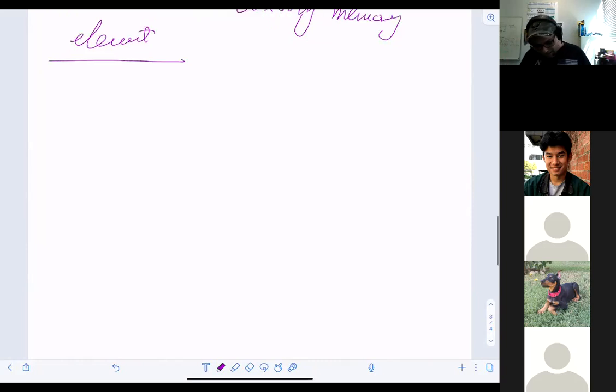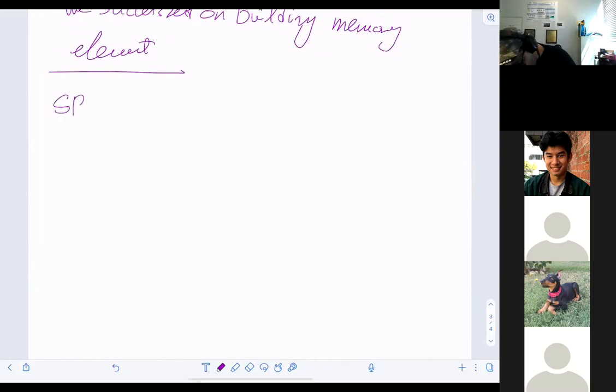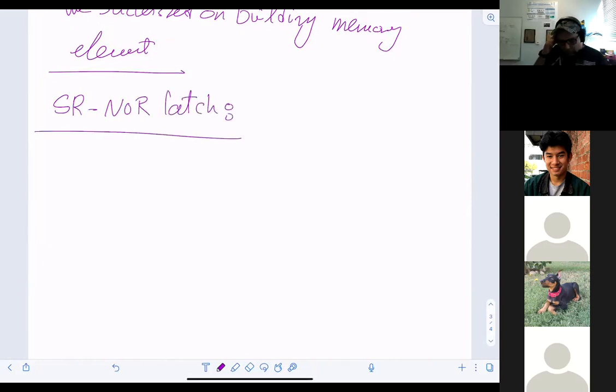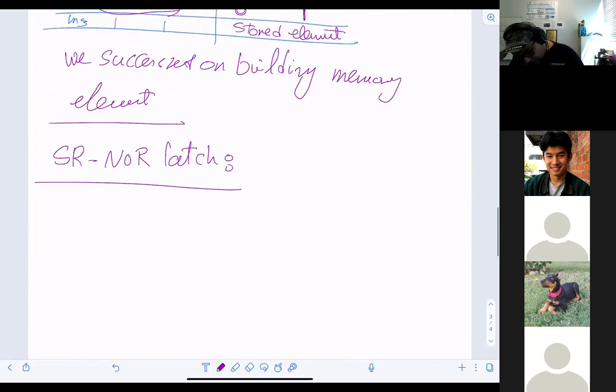Okay? Now let's go to the SR NOR latch. So that means the elements used for building this latch are NOR. Do you agree? So here is my NOR gate.